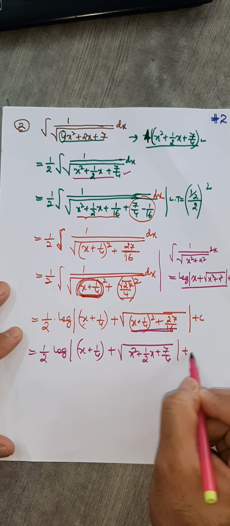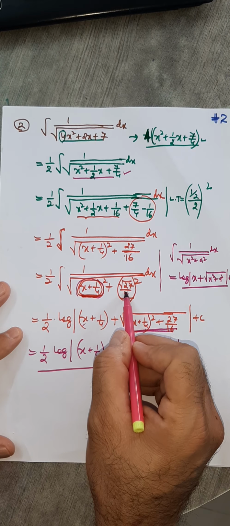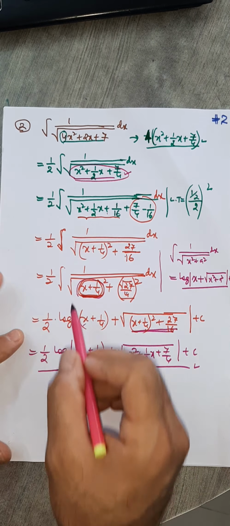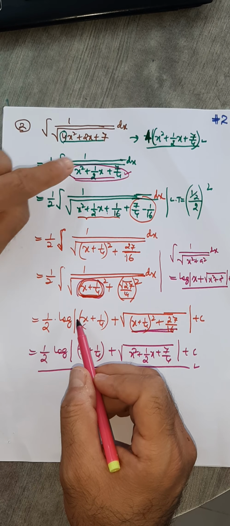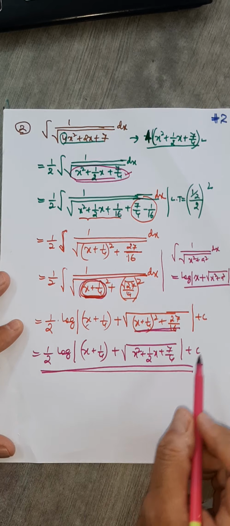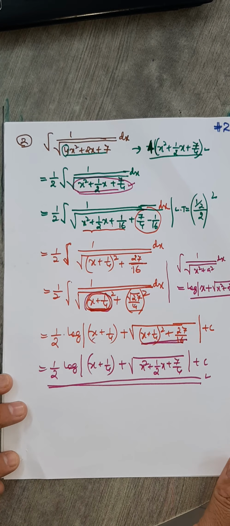This is your answer finally. I repeat, this comes from this, which comes from this, and which comes from this basically, up to this, because I have taken 1/2 outside. So this way you need to do it if you have a quadratic expression with square root.